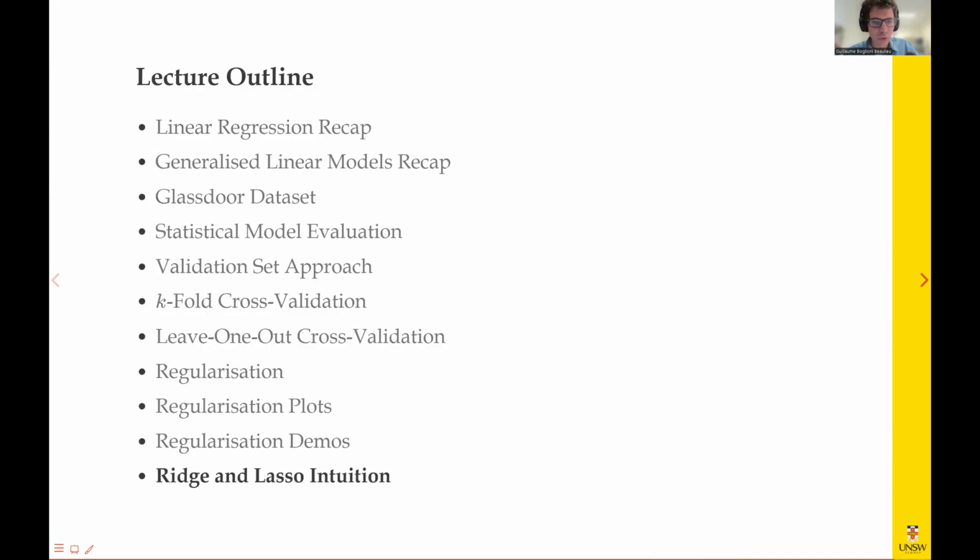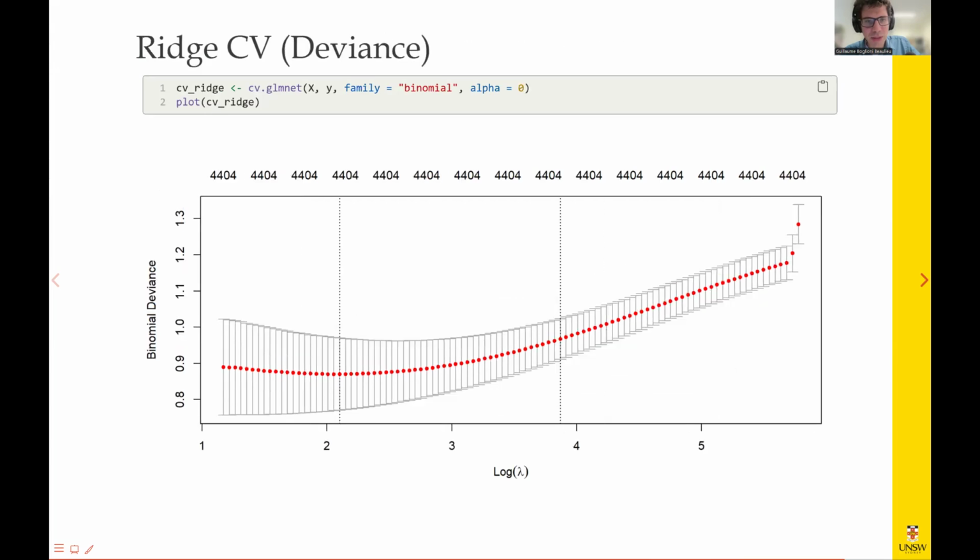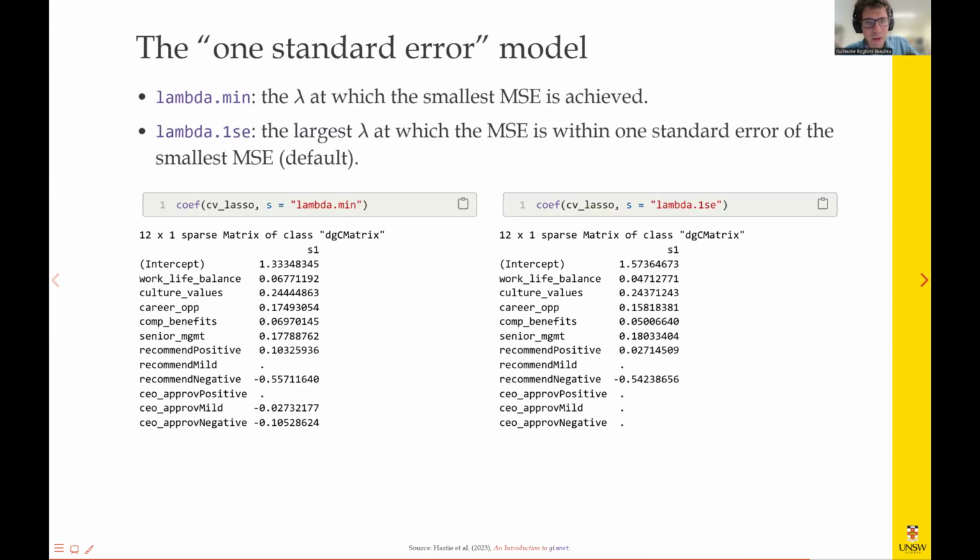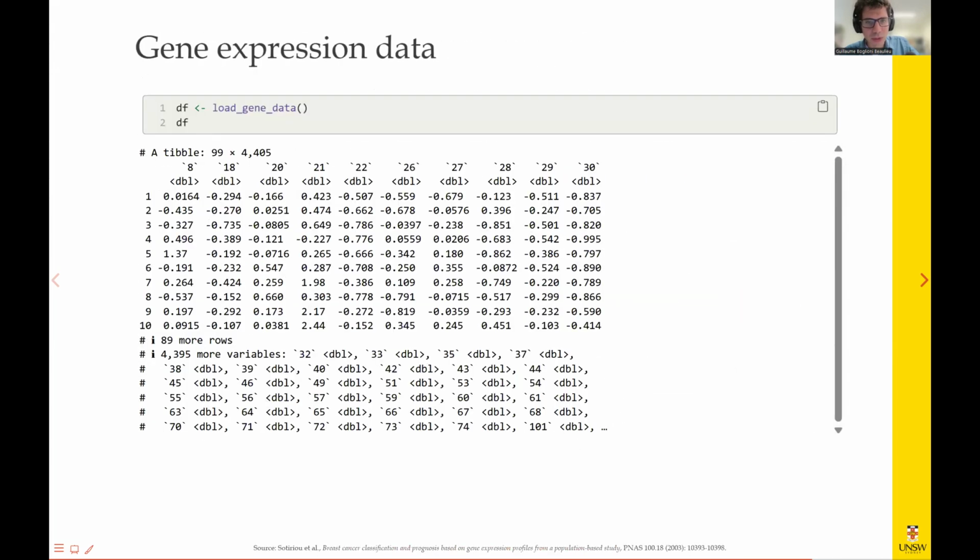Now, just a few more minutes, I suppose. There's just a few more slides to come back to the intuition of why Ridge and Lasso make sense or can give you something sensible. Let's just explain the situation here using this plot.